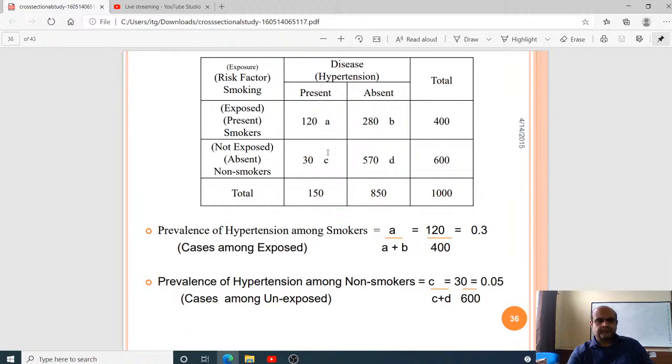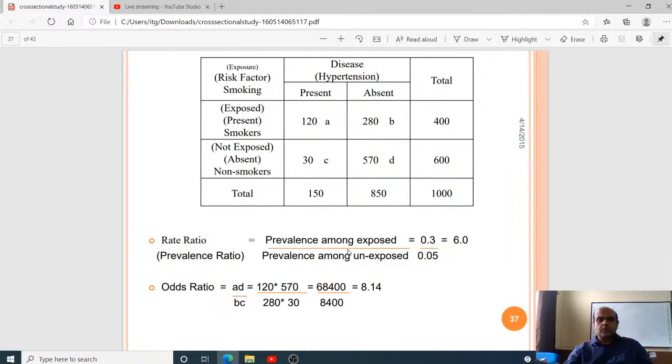So if you construct the 2 by 2 table, this is the example A, B, C, D. The prevalence of hypertension among smokers will be A by A plus B, and the prevalence of hypertension among non-smokers will be C by C plus D. So the prevalence of hypertension among non-smokers is 0.05, and among smokers it is 0.3. Further, the rate ratio is prevalence among exposed divided by prevalence among non-exposed.